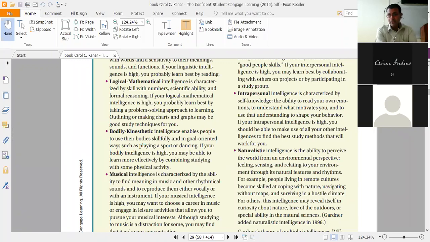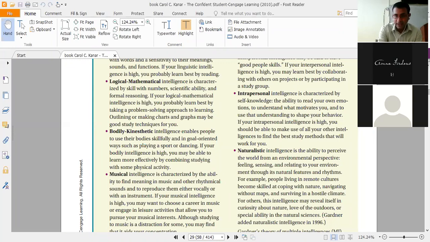Intrapersonal intelligence is characterized by self-knowledge, the ability to read your own emotions, to understand what motivates you, and to use that understanding to shape your behavior. If your intrapersonal intelligence is high, you should be able to make use of all your other intelligences to find the best study methods that will work for you.